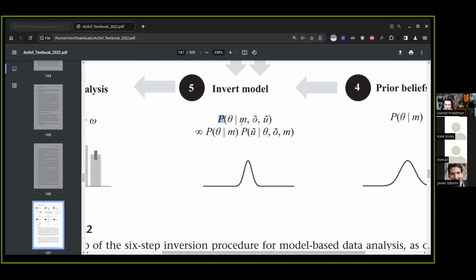So theta, all the parameters, conditioned upon the generative model and the experiment input-output, is proportional to, so that's what allows us to fit these models, the parameterization given the model, multiplied by, factorized by, separated by the observed behavior conditioned upon theta, our stimuli, and the model.